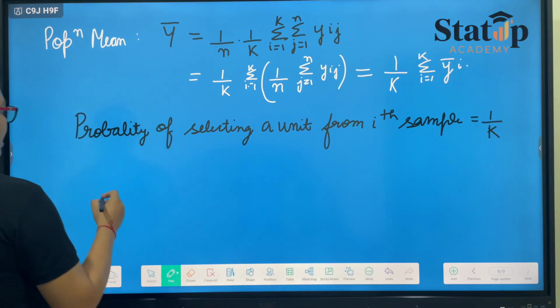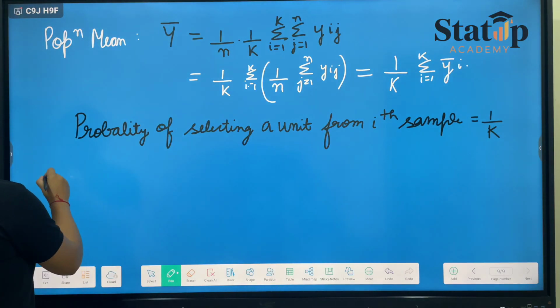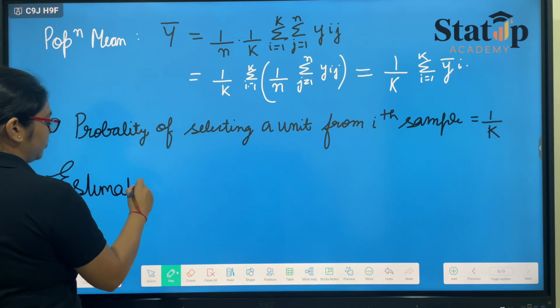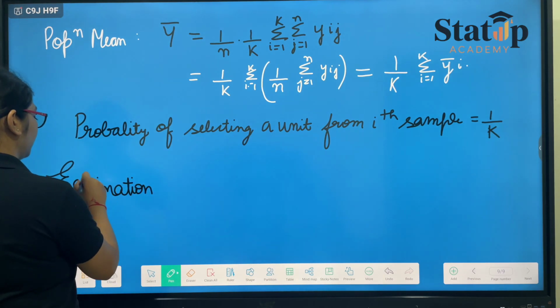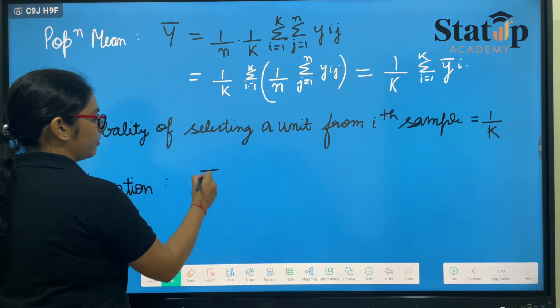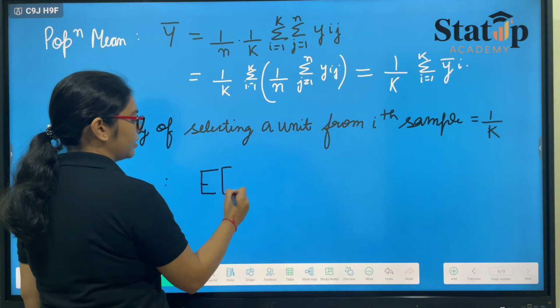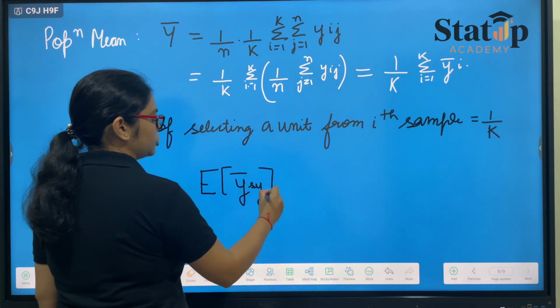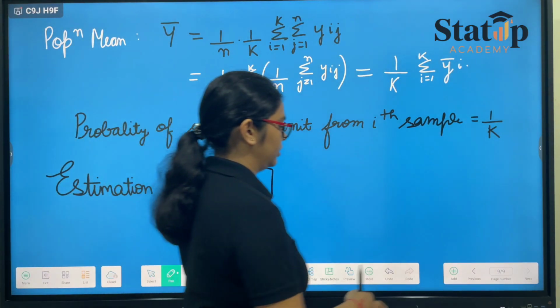So now we will find the estimation. We have to find whether the sample mean is an unbiased estimator of population mean or not.